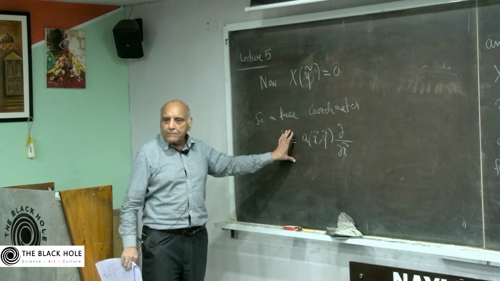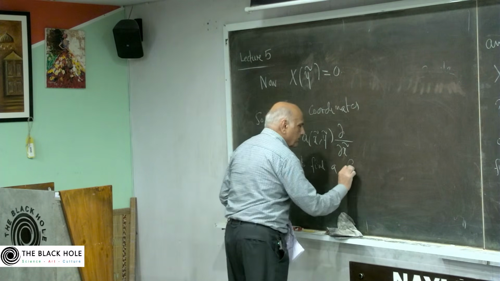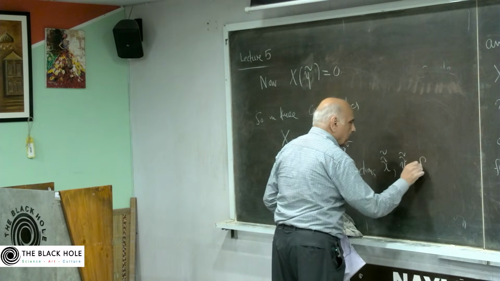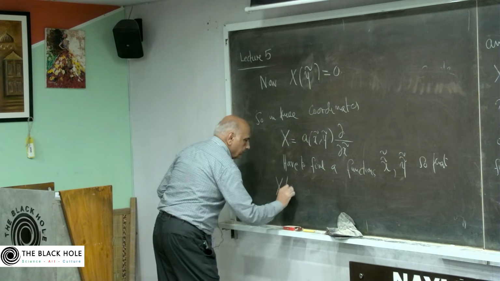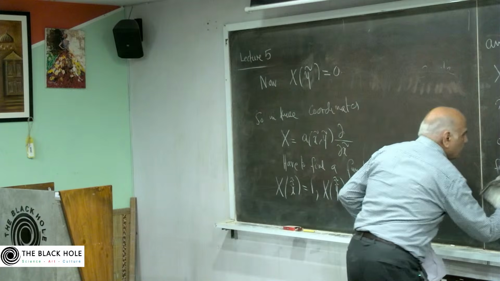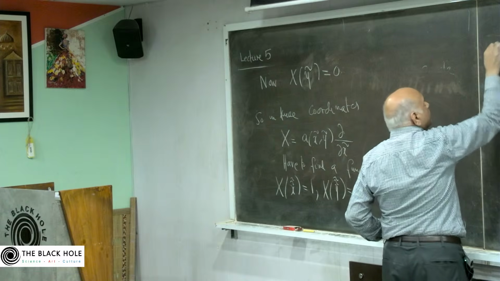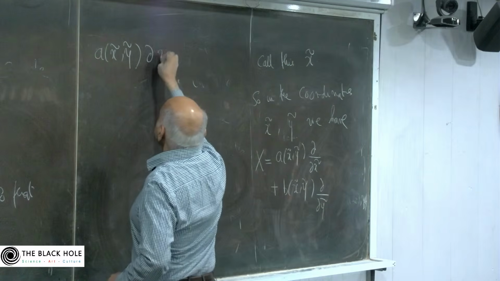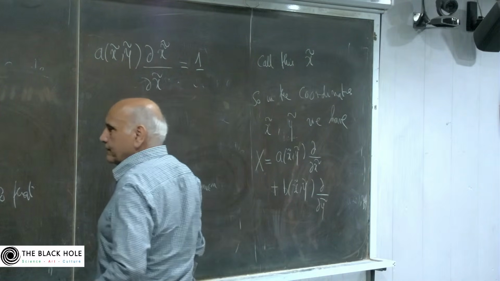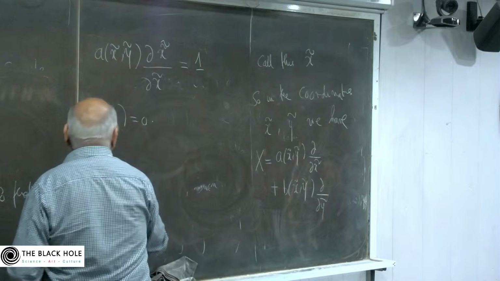So now I have to find a function x double tilde, so that a of x tilde, y tilde times partial x double tilde by partial x tilde is equal to 1.